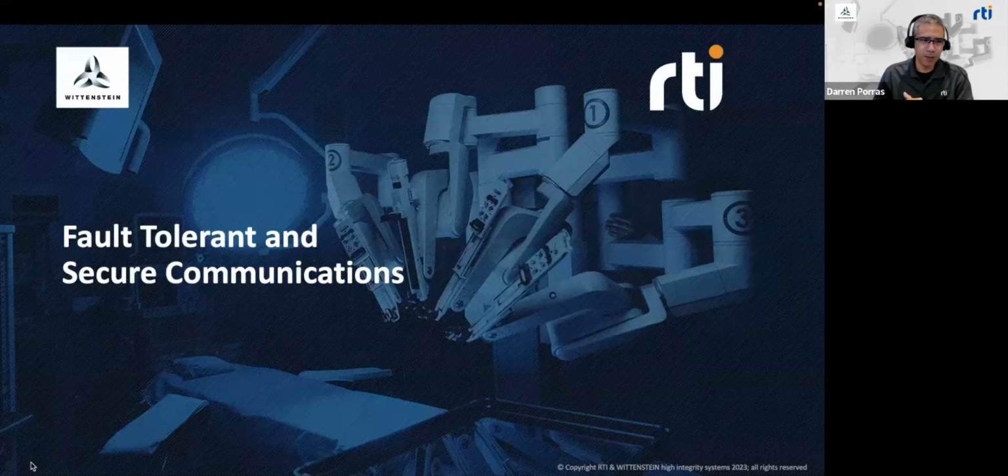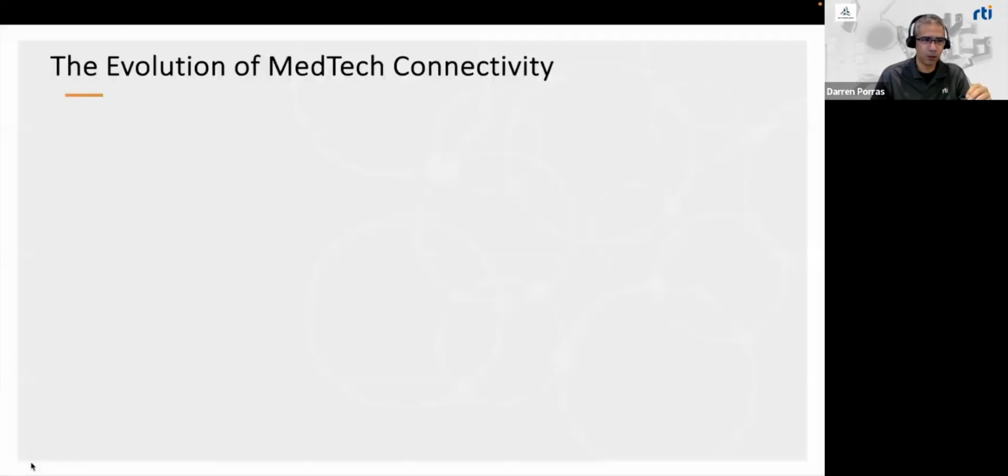And another aspect that we're seeing is because of this connectivity and this need for systems to interoperate with internal and external systems, there's this key need of ensuring that device communications and application communications are fault tolerant and secure.